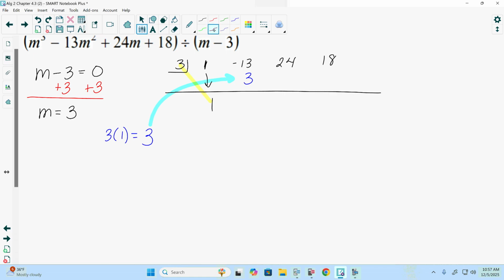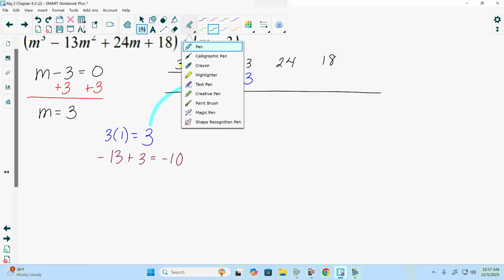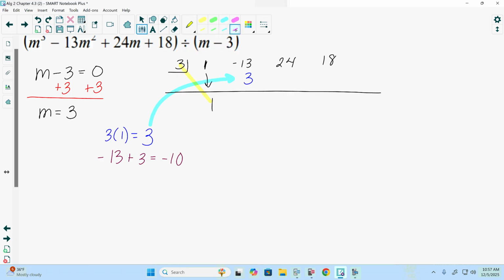So we want to add negative 13 plus 3, which is negative 10. And this number goes below our line. Okay? We ready for the next step?